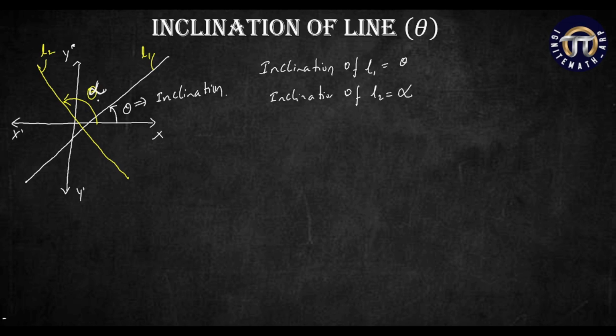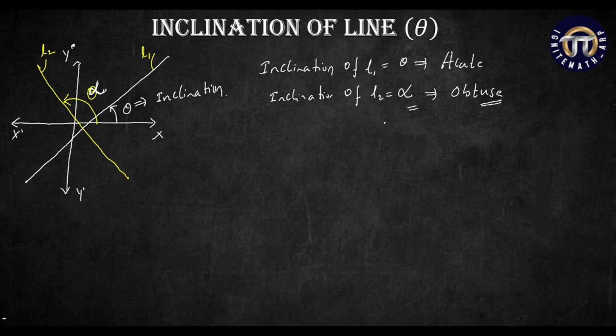If I take theta for both, you may get confused. Clear, children? So we can find out the angle theta as well as alpha, but here if you observe, this is an acute angle and this is an obtuse angle, right?